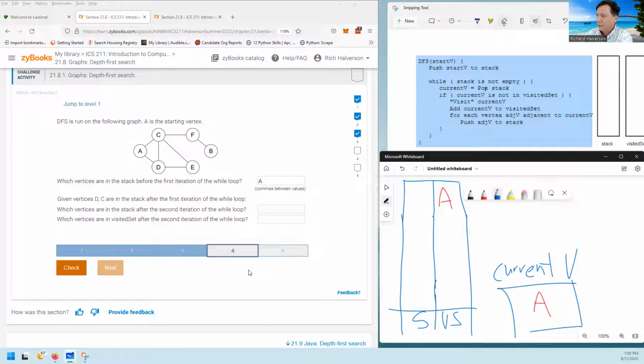And then we see that vertices D and C are in the stack after this first iteration of the while loop, because when A is processed, its adjacent nodes get thrown in there, so D and C are going to be in here.